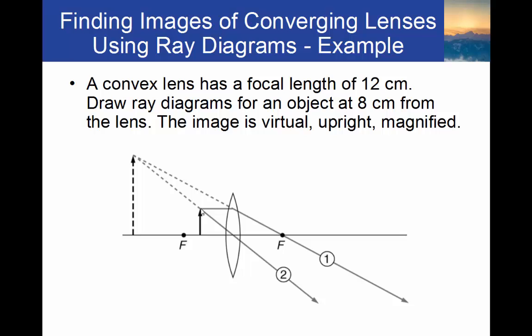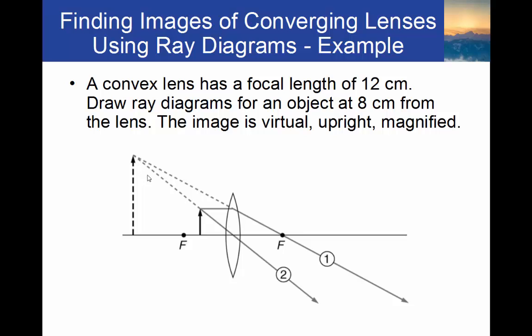You want to draw a single ray that is parallel to the principal axis, and that in principle is going to have some ray that reflects through the focal length one way or the other.